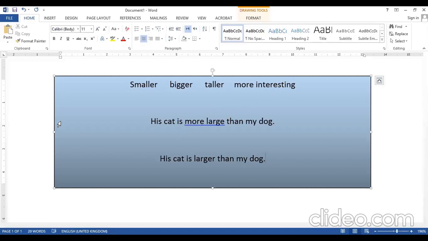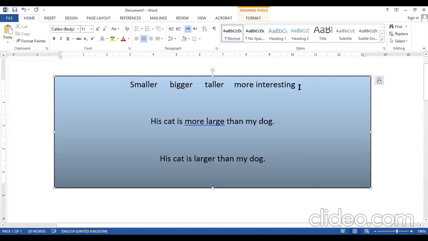How to form comparative adjectives. We have certain rules. The first one, for adjectives that are just one syllable, we only add er at the end, right? For example, here the adjective big, we only add er.